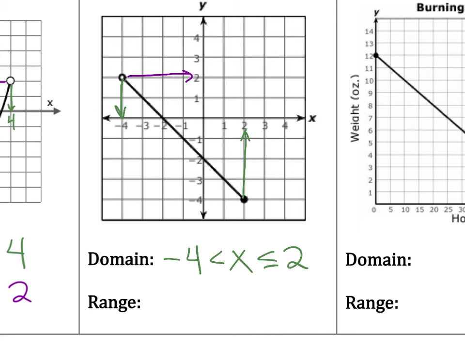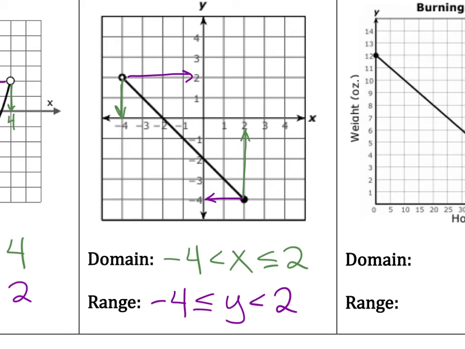Do I start with the highest number though? No, we start from bottom to top. So what's the bottom? The bottom is -4 with a closed circle, with a y in between because this is range. And then your top number that you told me with that open circle. Bottom to top. Smallest to largest.